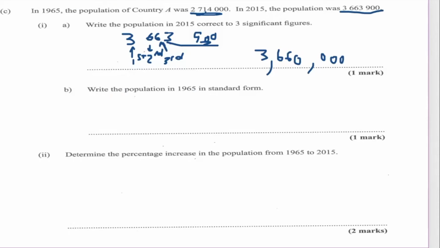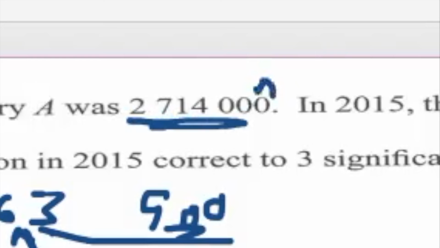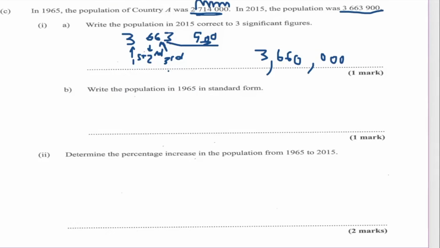Now the next question wants to write the population in 1965 in standard form. So that's 2,714,000 needed to be written in standard form. Now when written in standard form, we are going to carry the decimal point behind the 0, 6 places to my left, so the number is between 1 and 10. So it's 2.714.